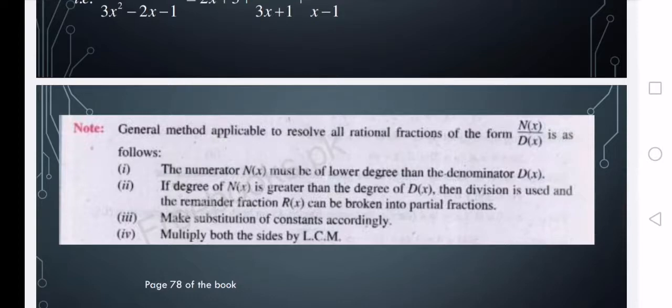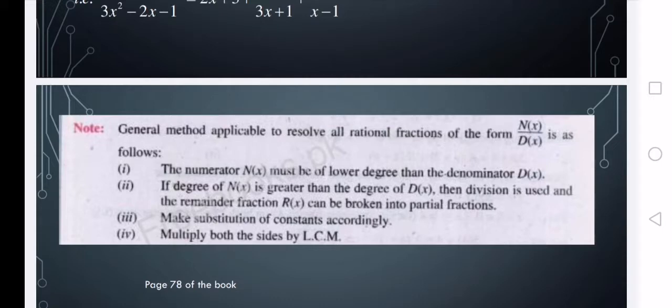If the degree of the numerator is greater than the degree of the denominator, then division is used and the remainder fraction can be broken into partial fractions, as we have done in question number 8, where the given fraction was an improper fraction, so we reduced it into a proper fraction by the long division method, and then the fraction which we obtained after long division was decomposed into its partial fractions.